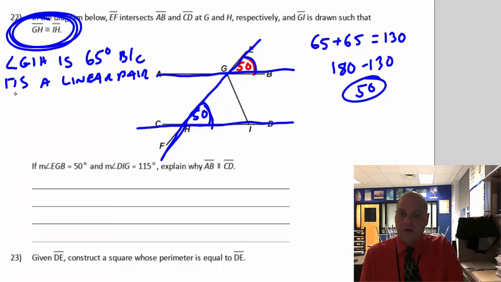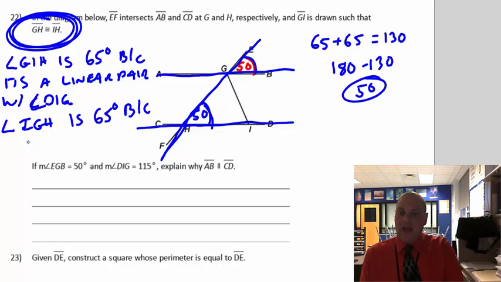It's a linear pair with angle DIG, which was given. That gives me that. Okay, we're going to say angle IGH is 65 degrees because we have an isosceles triangle.